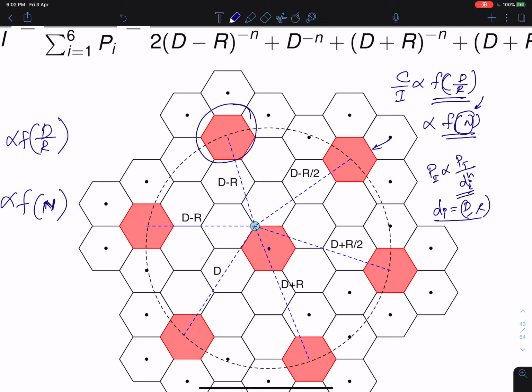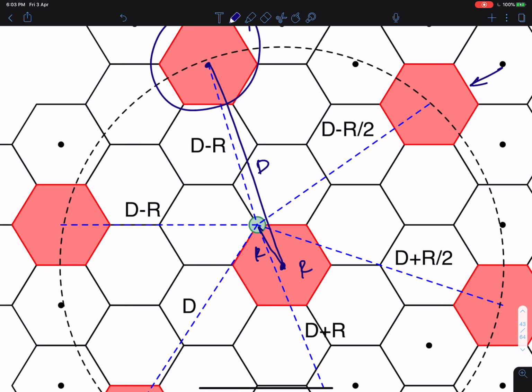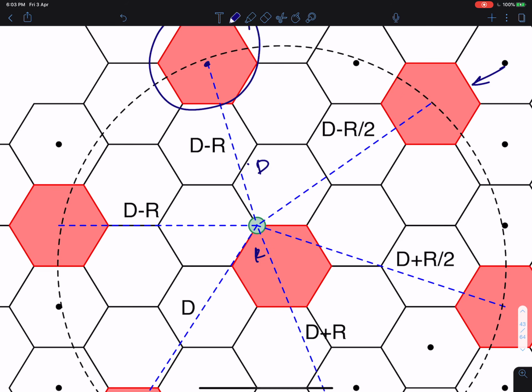This is the cell radius R, and in this analysis we are going to assume D, the reuse distance, is much greater than the cell radius R. The distance from the center of the interfering cell to the desired cell is D, and this distance here is R. I've shown it in a curved way, but I think you get the picture. So this is R here and this is D here.